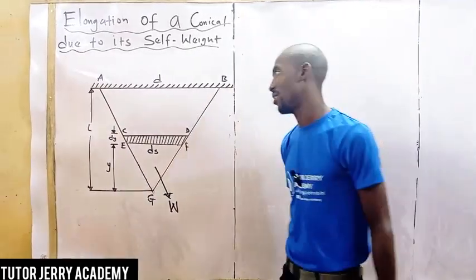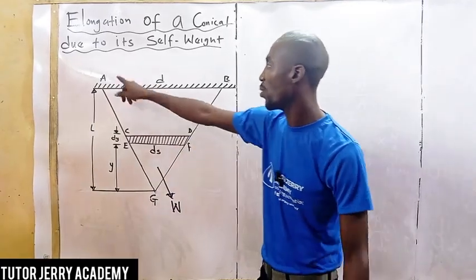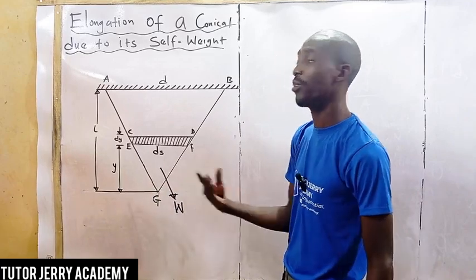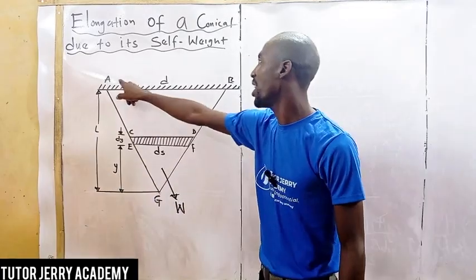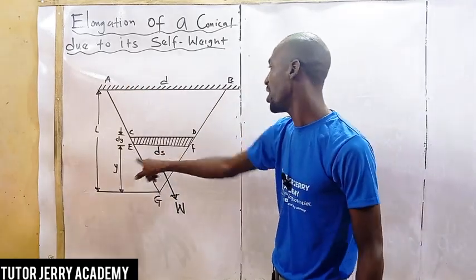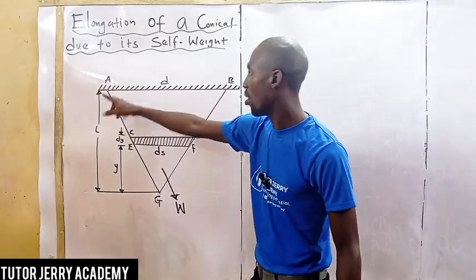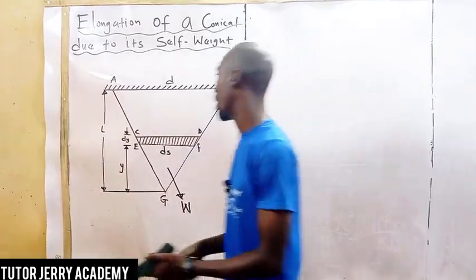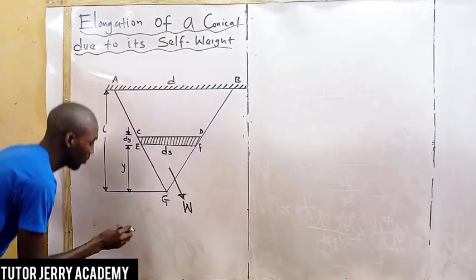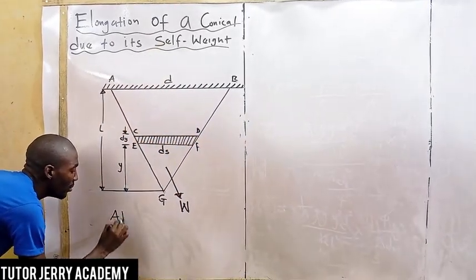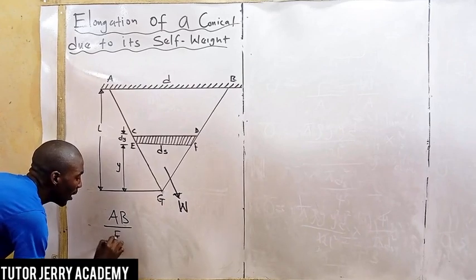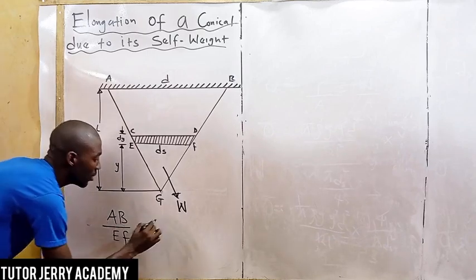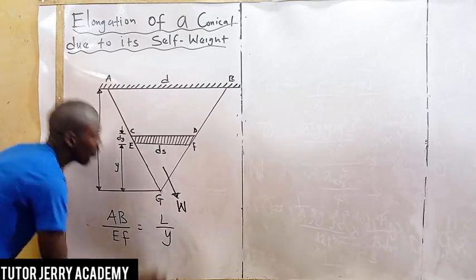So let's get started. We have two similar triangles here, triangle ABG and triangle EFG. AB over EF is equal to the length L over y.